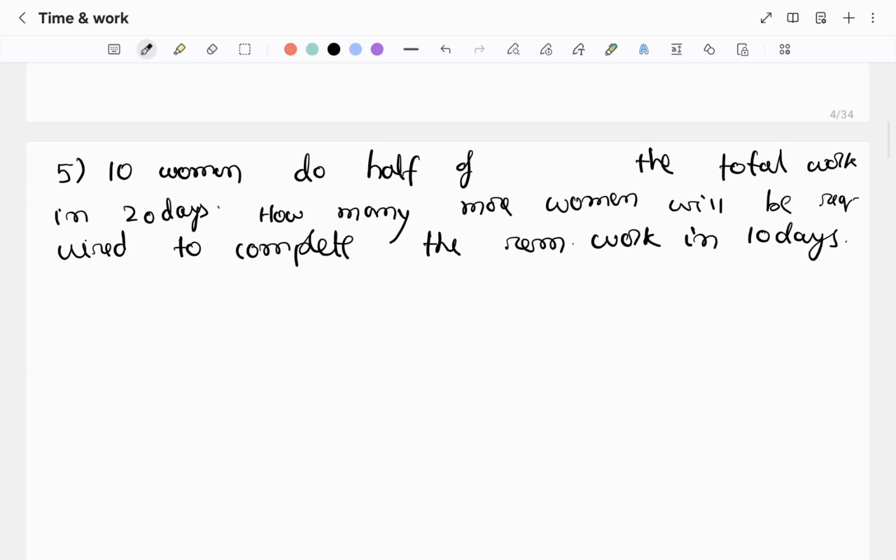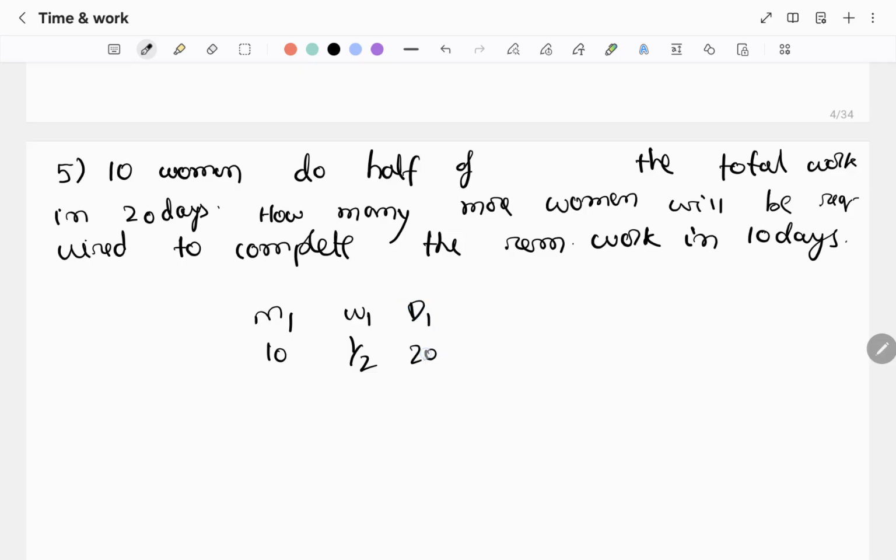10 men can do half of the total work in 20 days. 10 women can do half of the work in 20 days. Means indirectly they have given men and women, so we can take them all as M. M1 is 10, work is equal to half of the total work in 20 days.